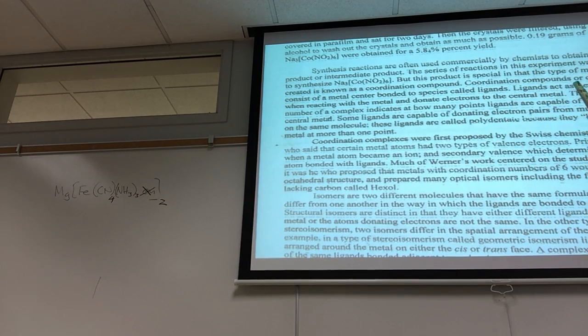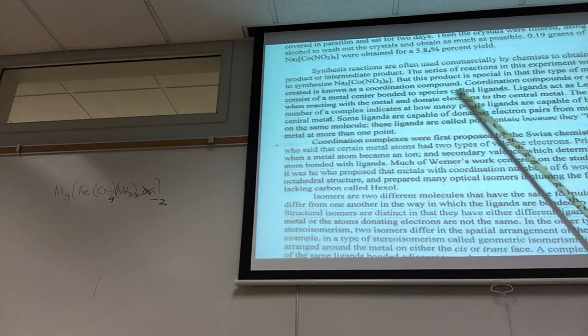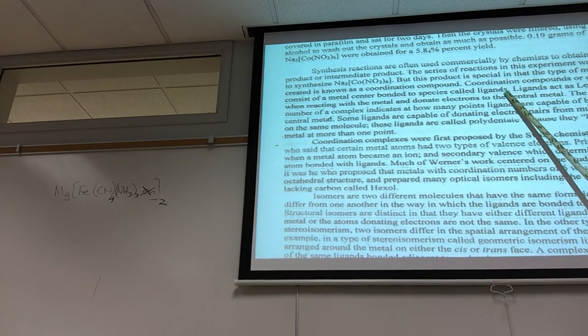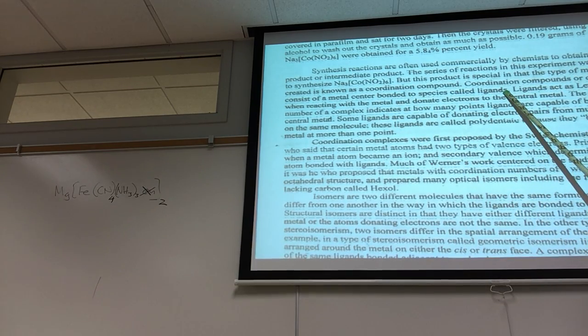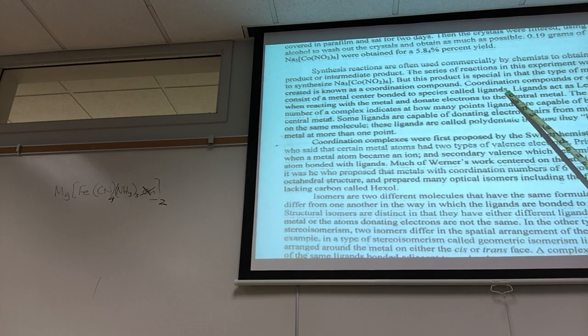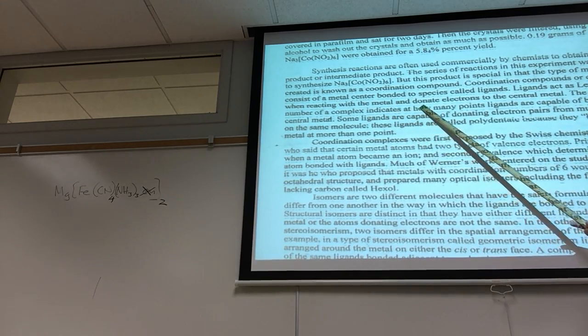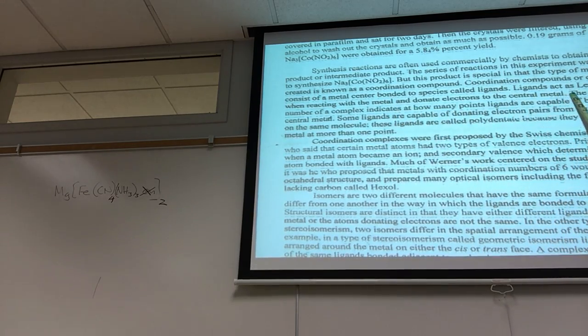Coordination compounds or complexes consist of a metal center bonded to a species called ligands. And so this is a good introduction, talks about coordination compounds, complexes, ligands, and metal centers. Ligands act as Lewis bases when reacting with metal and donate electrons to the central metal.